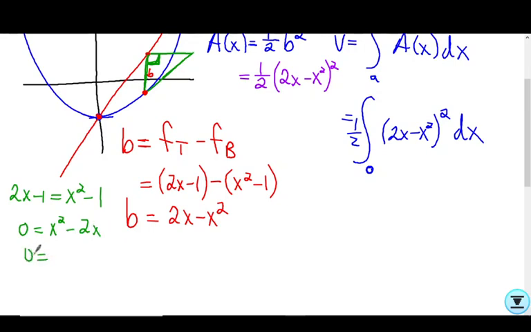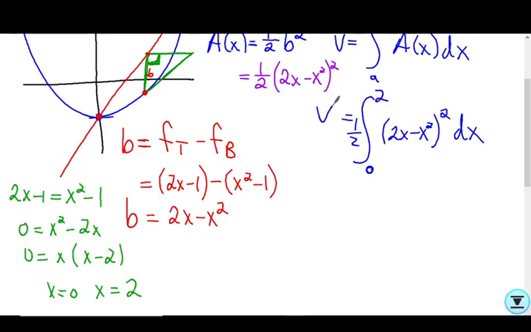Then you factor and you get x times (x minus 2), which means your intersection points are x equals 0 and x equals 2. So those are my lower and upper limits, 0 and 2.